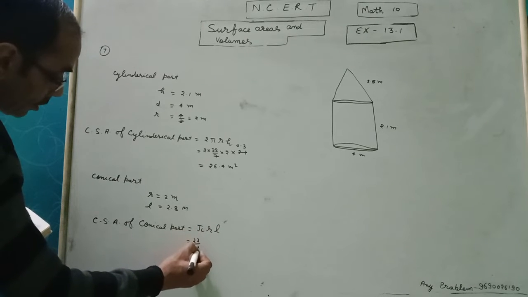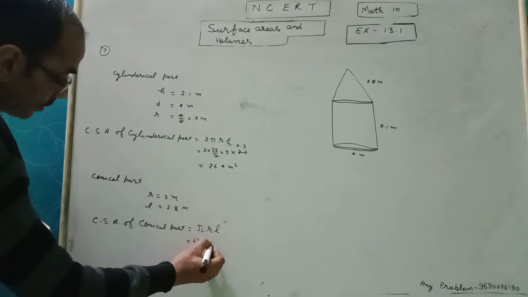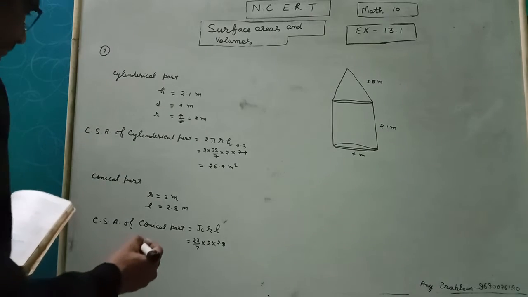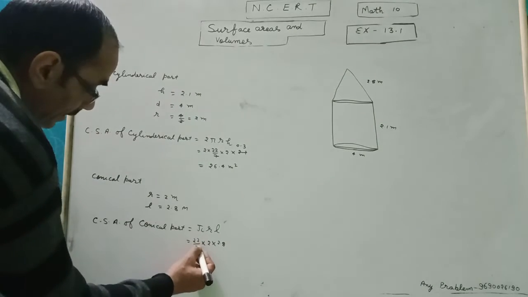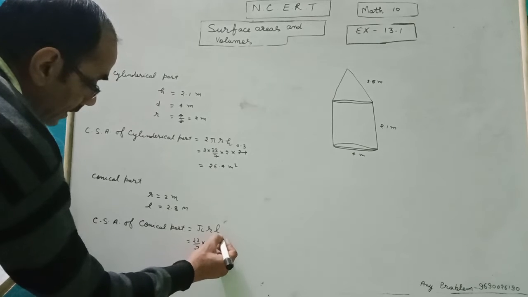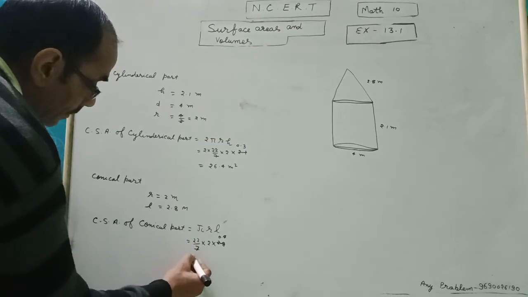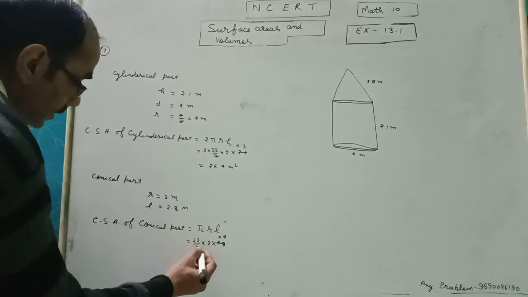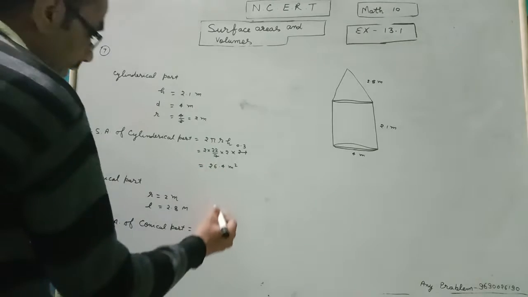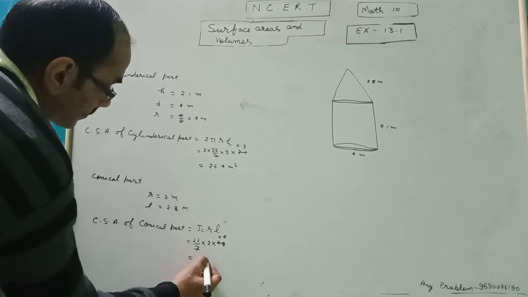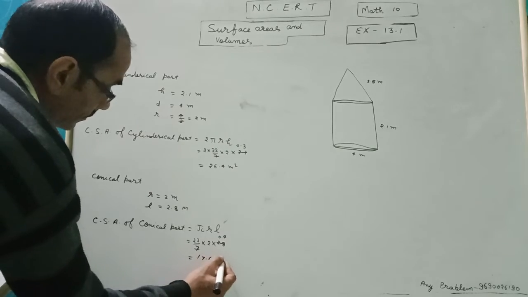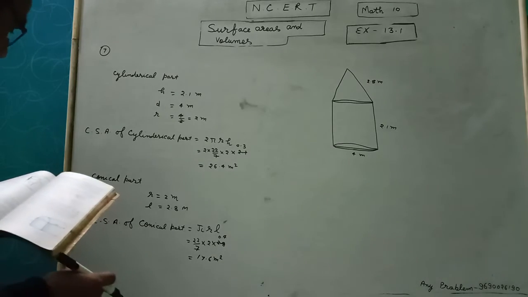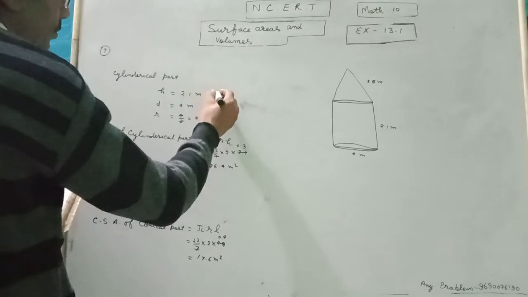Pi value 22/7 into R value is 2, 2.8 is the L value. Slant height 7 divided by 0.4. After multiplying, 17.6 meter square is used.